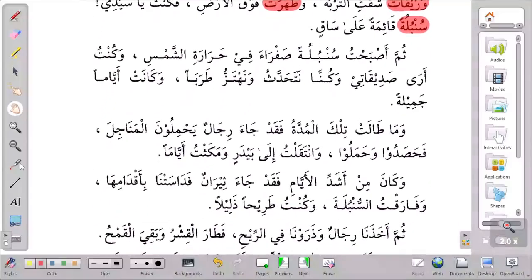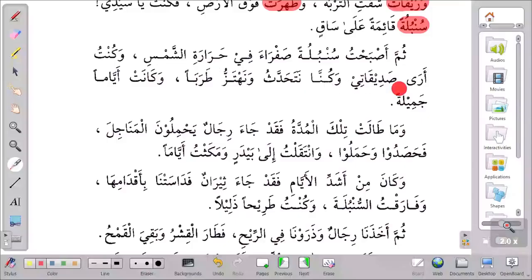Now he says, let's take this last sentence. Summa asbahtu sumbulatan safra. Then I became a yellow ear, fi hararati shams, in the heat of the sun.